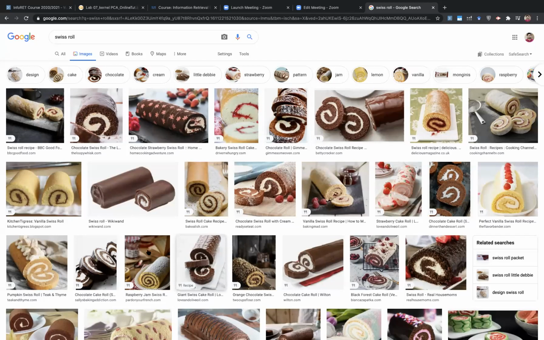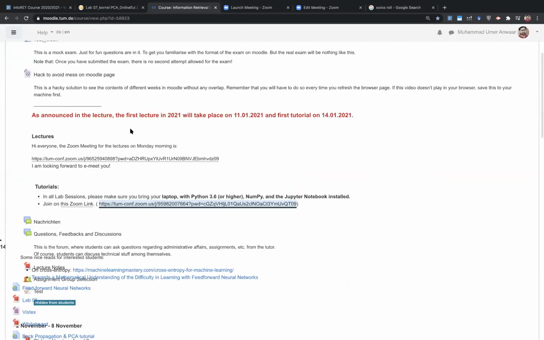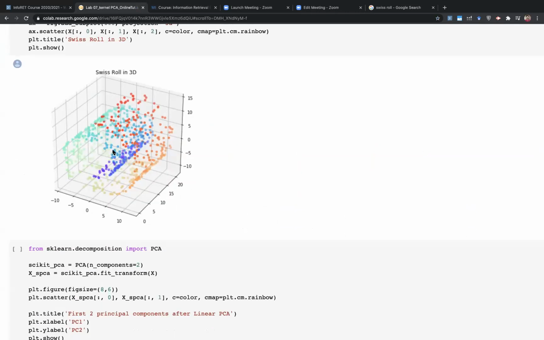But we are engineers and computer scientists, so we don't see Swiss roll like this. For us, Swiss roll is like this. I hope you can see it. Now just try to imagine this is the Swiss roll, which you don't want to eat.